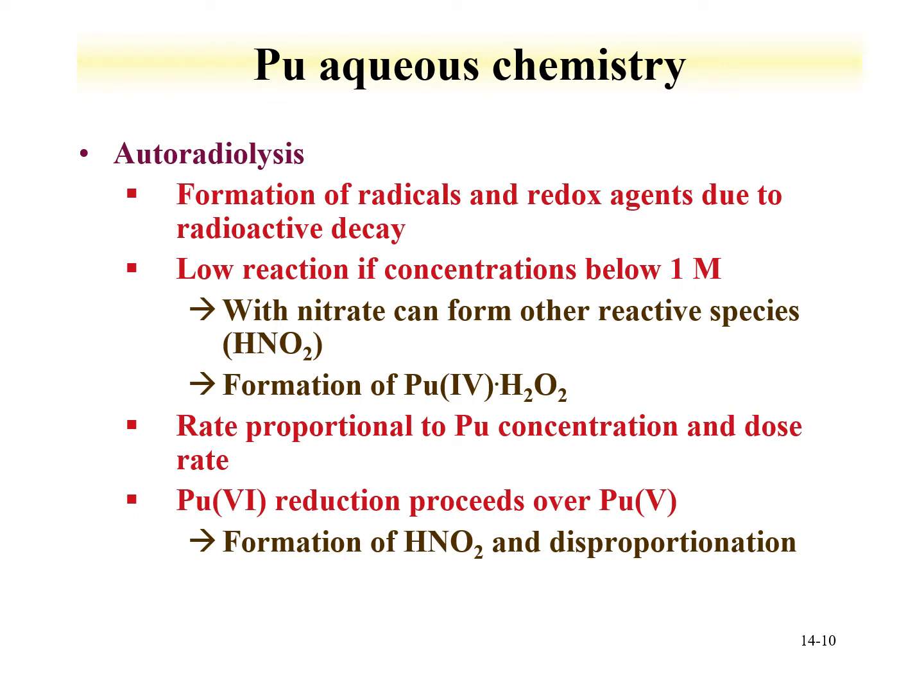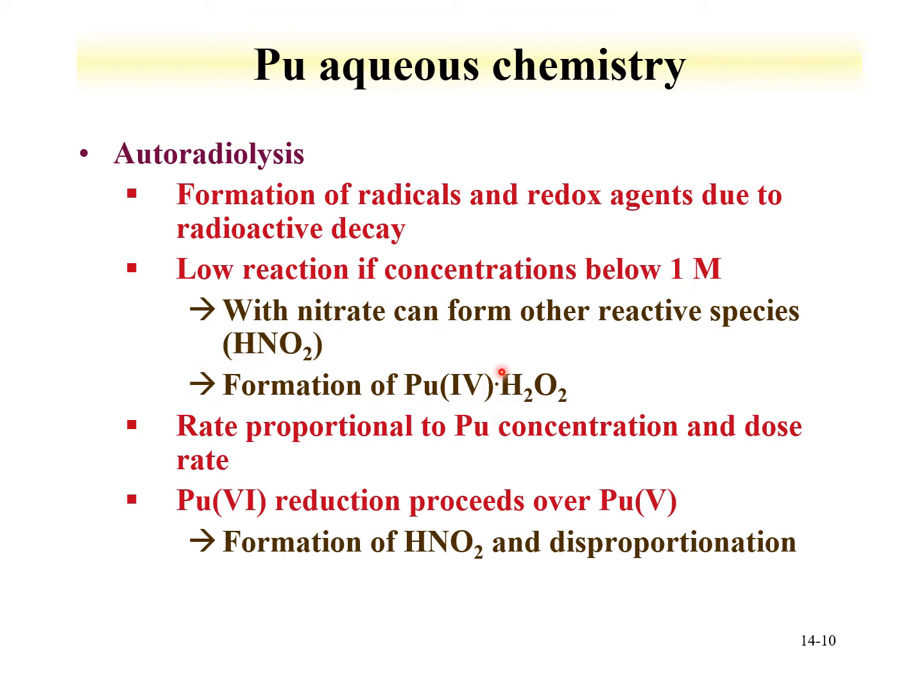One of the things we also see is this autoradiolysis, where the fact that plutonium is radioactive means it's forming radicals and redox agents due to this radioactive decay. These reactions tend to be low if concentrations are below 1 molar. If it's in a nitrate medium, for instance, you can form nitrous acid.